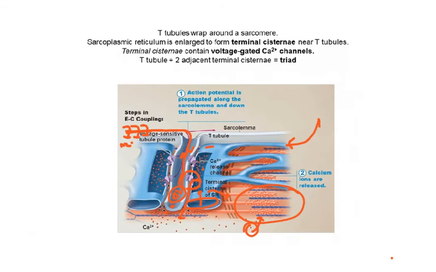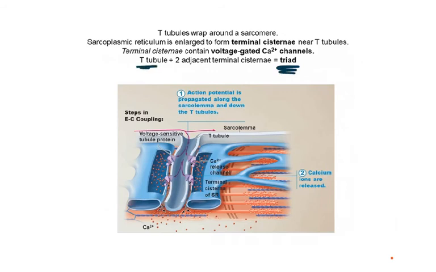Now, one additional thing that I'm able to describe in this picture, I like this picture because you can see it fairly well, and I'll show you again in one more picture after this, is a conformation called the triad. Around the T tubules, you're going to have two adjacent sarcoplasmic reticulum, called the terminal cisternae, which are wider areas of the sarcoplasmic reticulum.